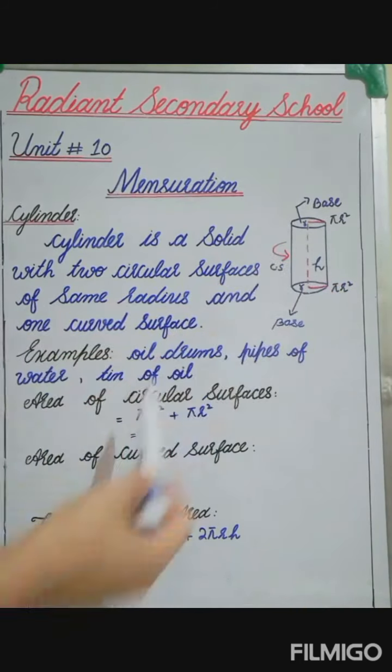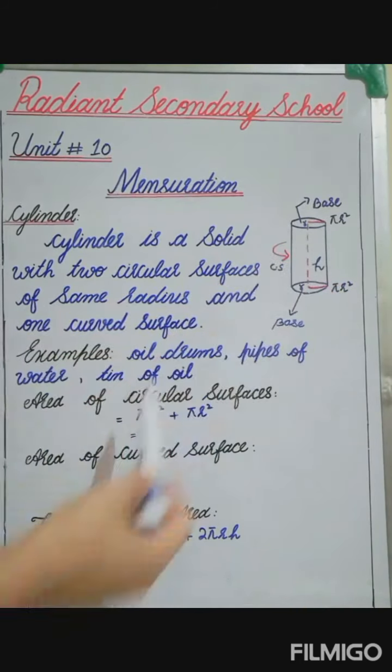Okay students, now we have to find out area of circular surfaces by using this formula 2 pi r square. So firstly putting the values in this formula, 2 as it is, and the value of pi is 22 by 7. Now you can see r square is there. It means r is being multiplied by itself 2 times, and the value of r is given in this question, that is 21. So I can write like this: 21 into 21.